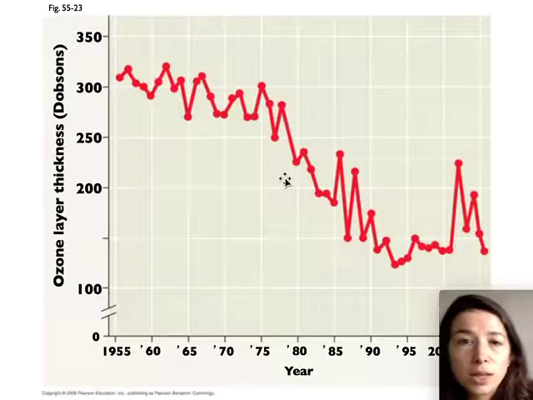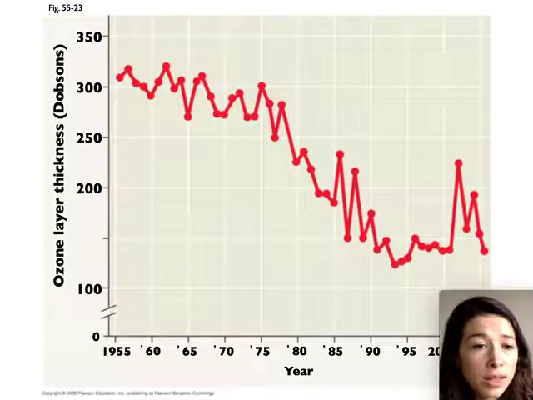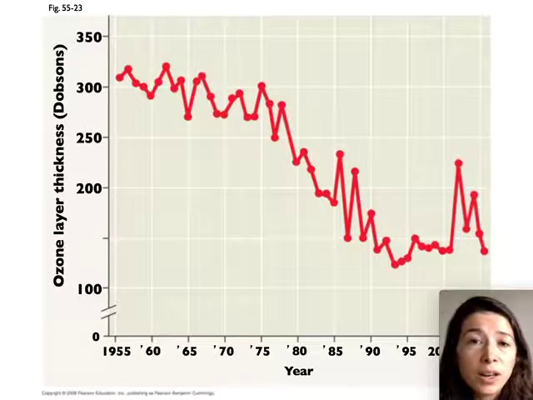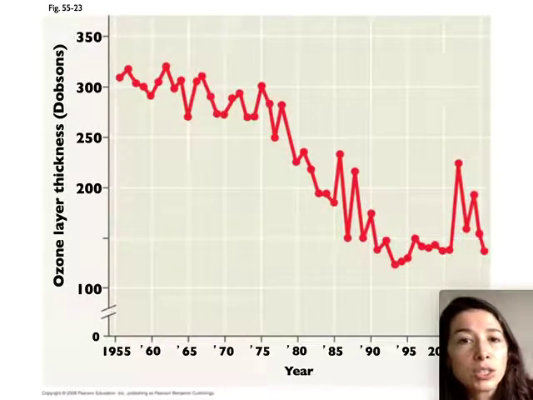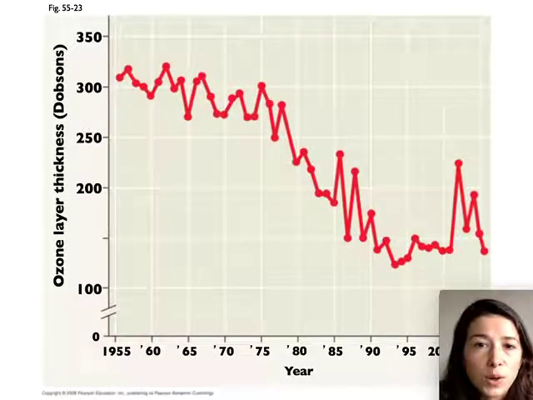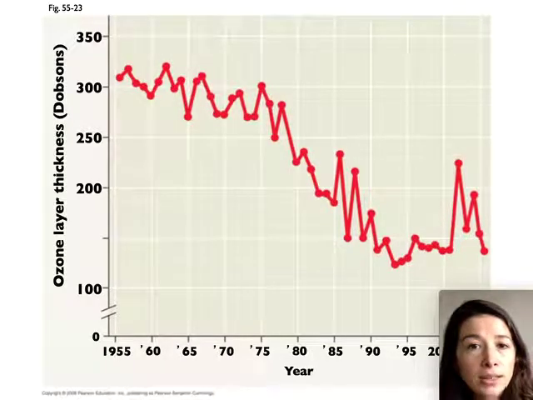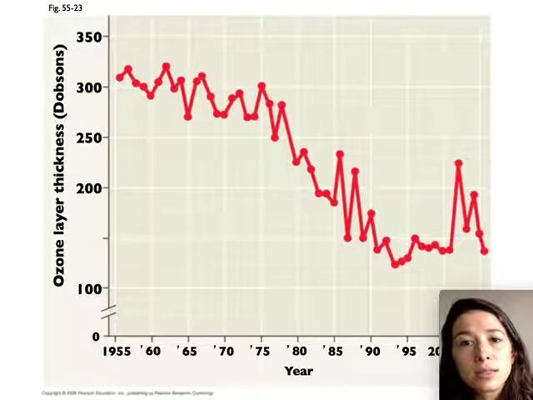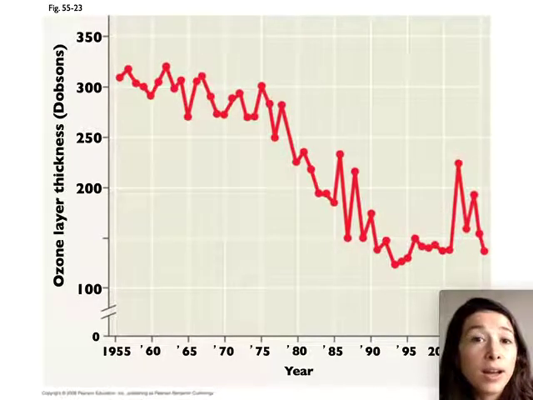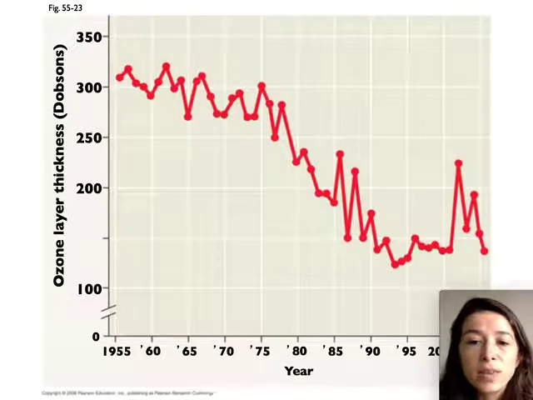So hopefully over time it'll just improve and get back to the level at which it was, which is a very optimistic demonstration that humans can alter their behavior and alter their industrial practices and even economic practices, right, their business practices, to come together and do something beneficial for humankind, such as rebuild the hole in the ozone, which benefits everybody on Earth.